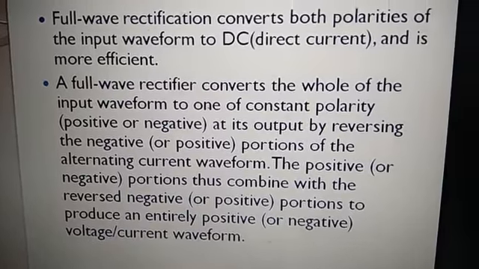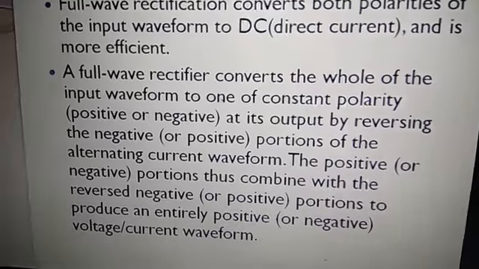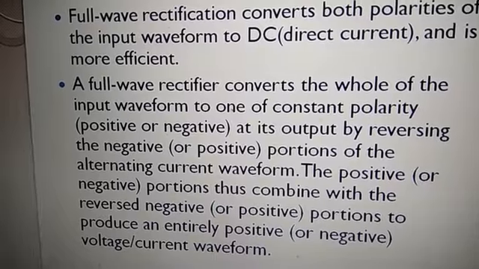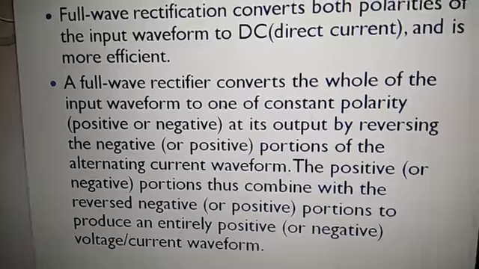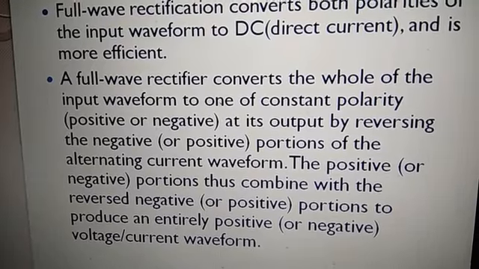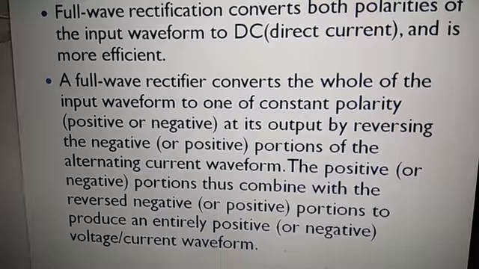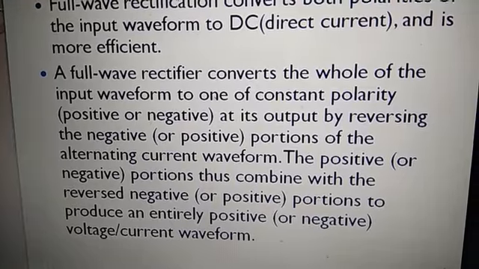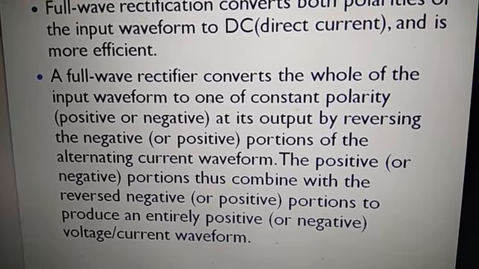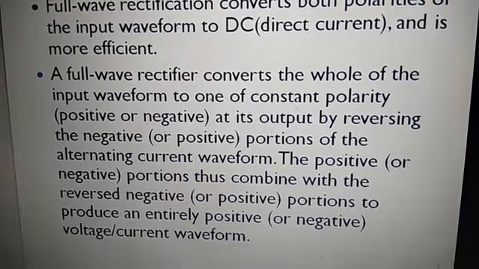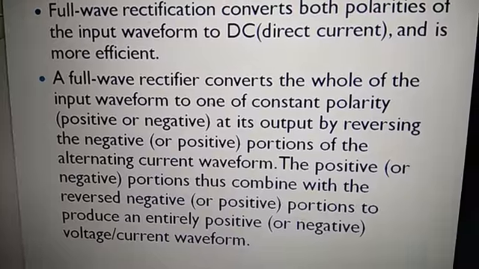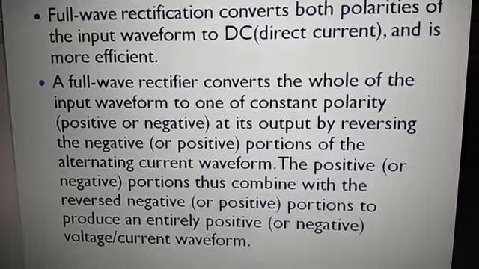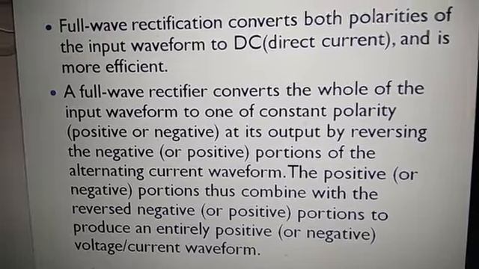A full wave rectifier converts the whole of the input waveform to one of constant polarity, either positive or negative, as its output, by reversing the negative or positive portion of the alternating current waveform. The positive or negative portion is thus combined with the reversed negative or positive portion to produce an entirely positive or negative voltage and current waveform.